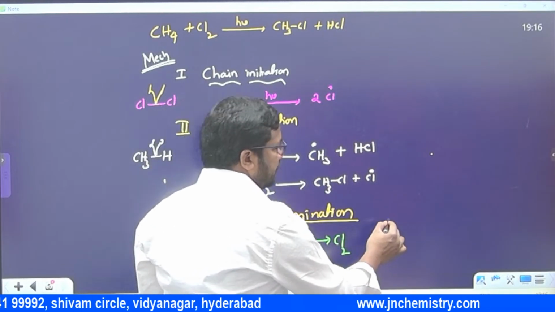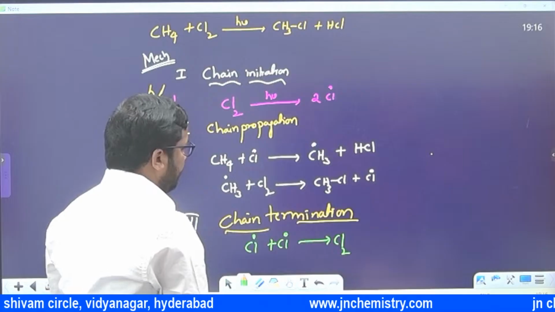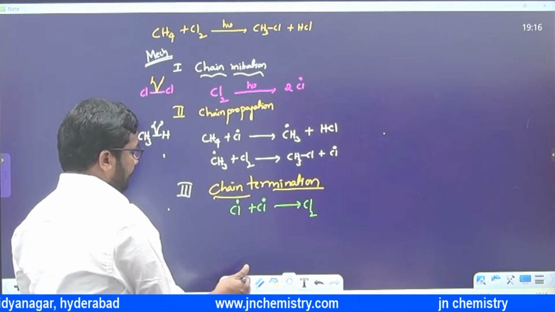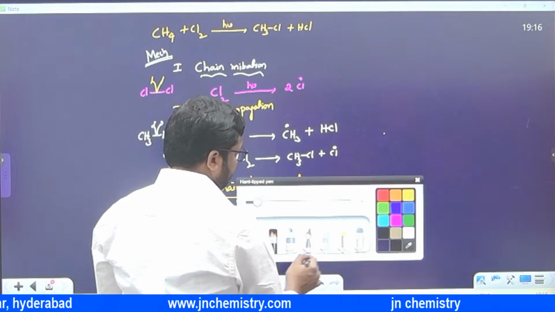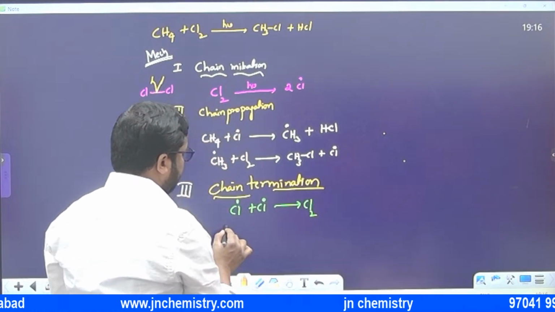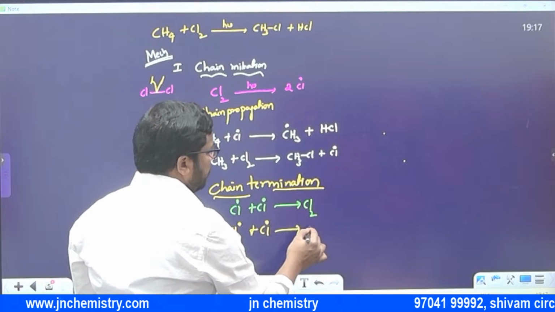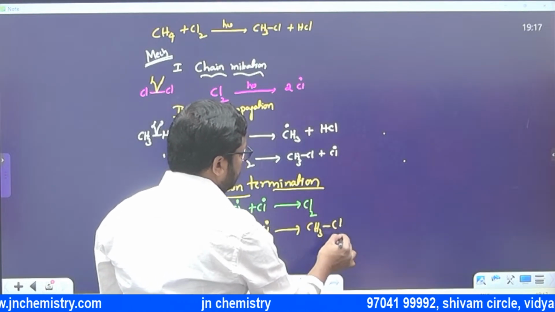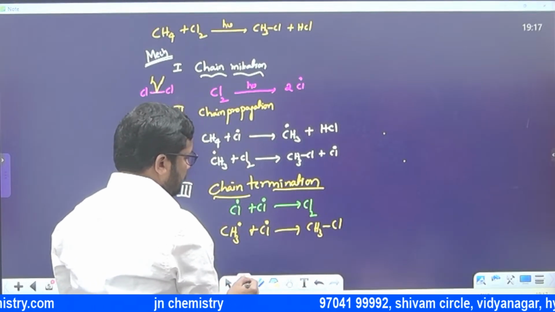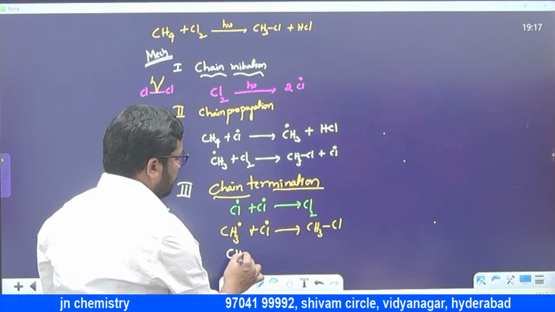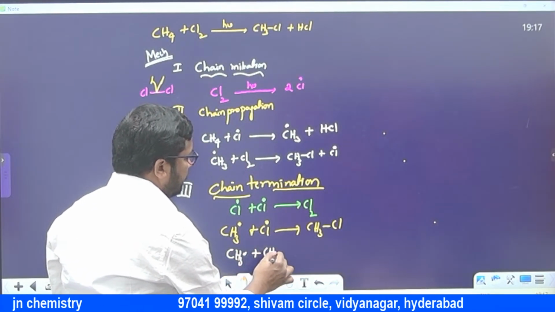For example, one CH3 radical and one Cl radical remaining give CH3Cl. Or one more CH3 radical with CH3 radical.